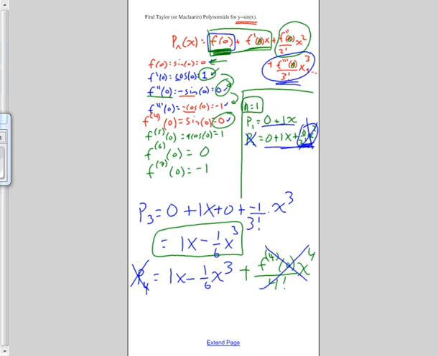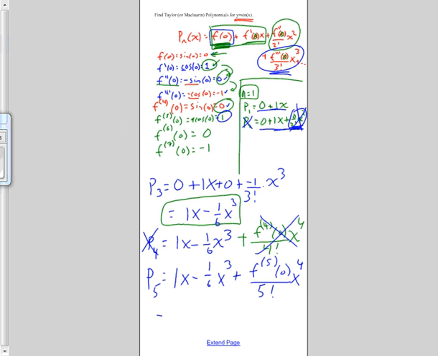So let's do just one more polynomial of degree 5. We have the 1x minus 1/6 x cubed plus f of 5 of 0 over 5 factorial x to the fifth. So this would equal 1x minus 1/6 x cubed.